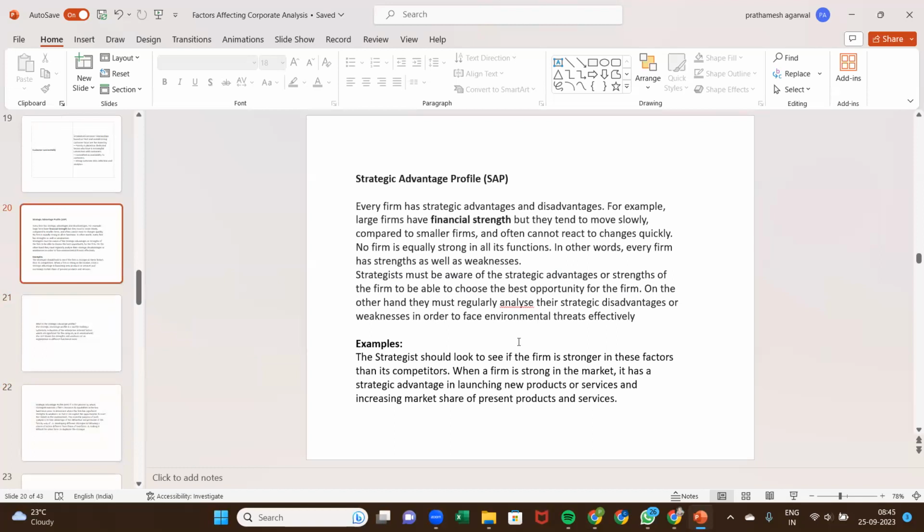For example, the strategist should look to see if the firm is stronger in these factors than its competitors. Secondly, when a firm is strong in the market, it has a strategic advantage in launching new products or services and increasing market share of present products and services. Very important.